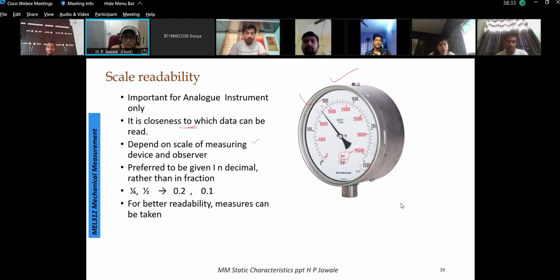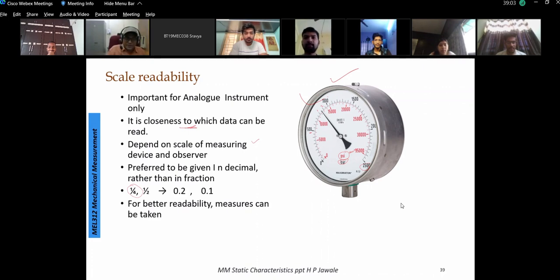Say it is not shown here that between this 500 bar and, say, 1000 bar, we are not shown anything as, say, 700 point something bar. It is not shown in terms of fractions, but it is desired that it should be represented like 1/4 or one half and so on, so that it gives better readability, better approximation to the reading, right?